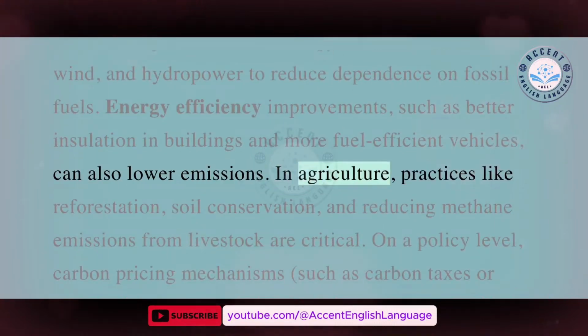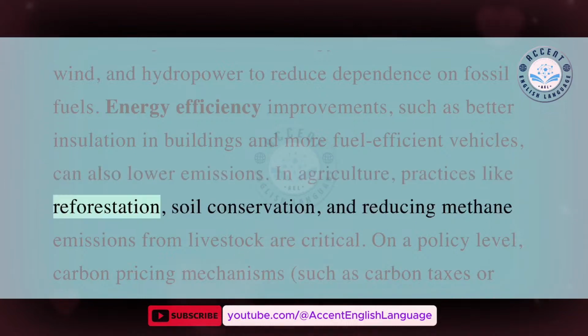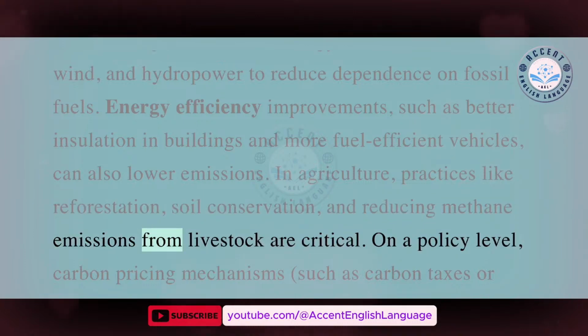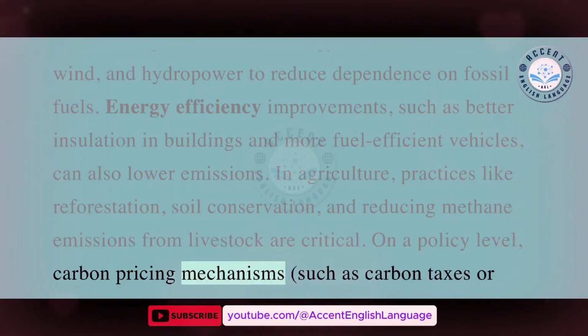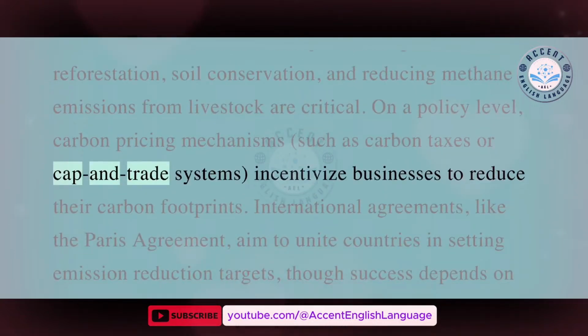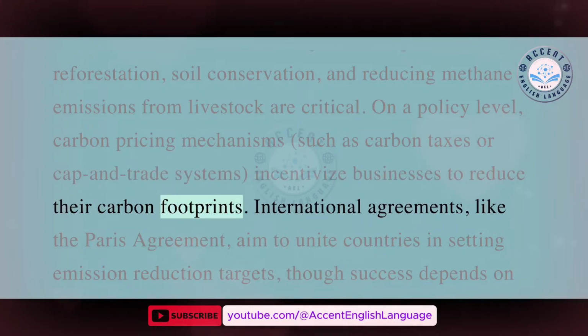In agriculture, practices like reforestation, soil conservation, and reducing methane emissions from livestock are critical. On a policy level, carbon pricing mechanisms, such as carbon taxes or cap-and-trade systems, incentivize businesses to reduce their carbon footprints.